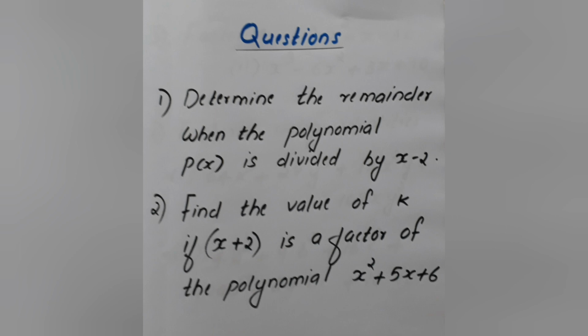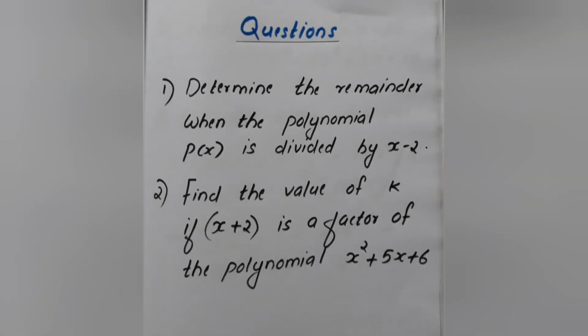Then the second question: find the value of k if x plus 2 is a factor of the polynomial x square plus 5x plus 6. That question also you can do by the factor theorem. You have to determine the value of k here, where you can use the factor theorem.